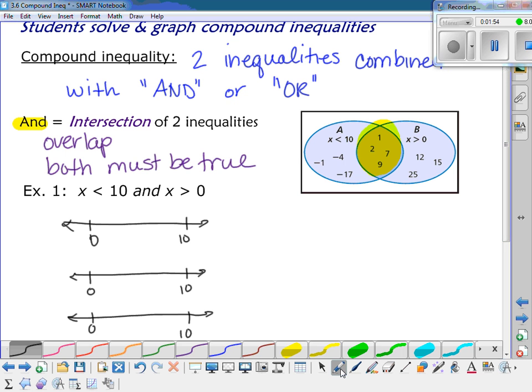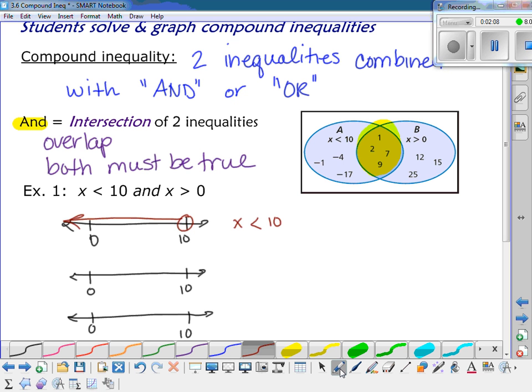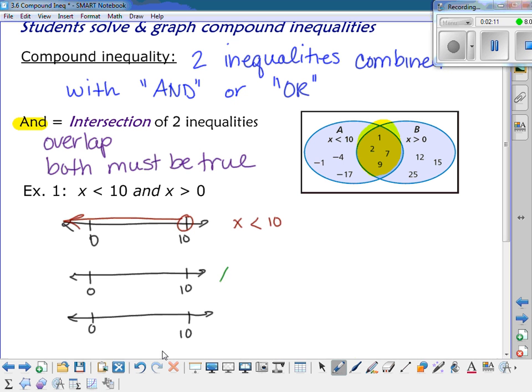Okay, so if I'm going to graph X is less than 10, what kind of circle is going to be on the 10? Open circle, and it's going to go to the left. If I wanted to graph X is greater than 0, it's also an open circle, right? And this time it's going to the right.